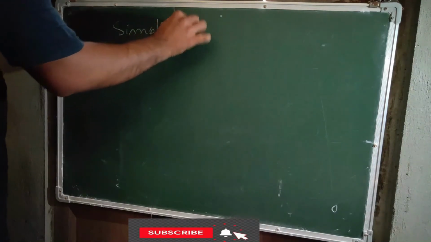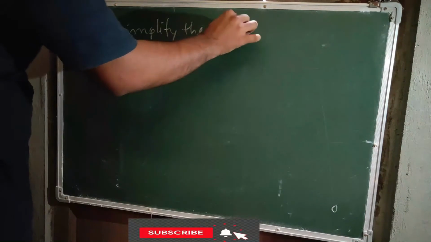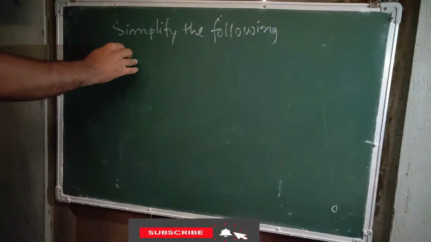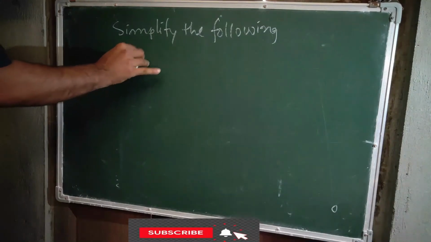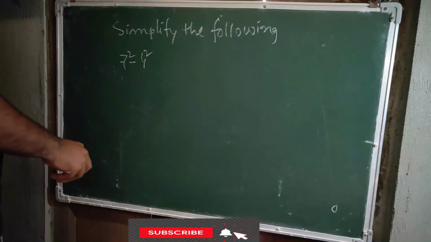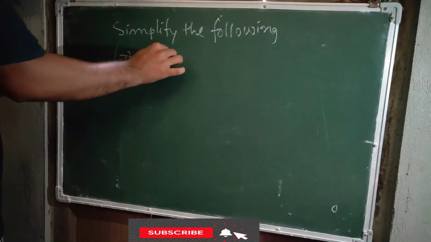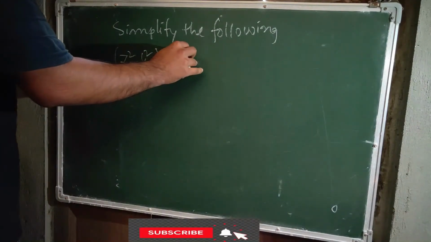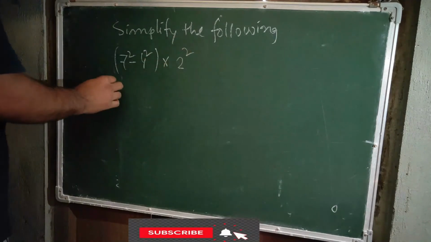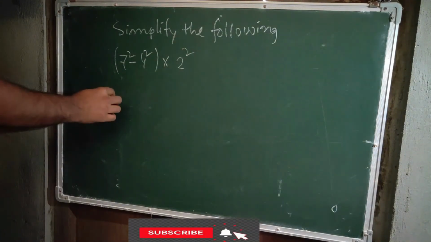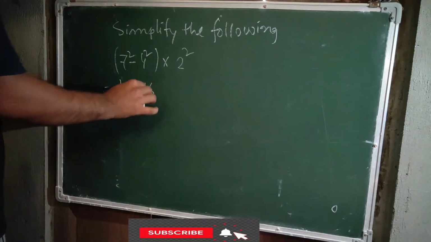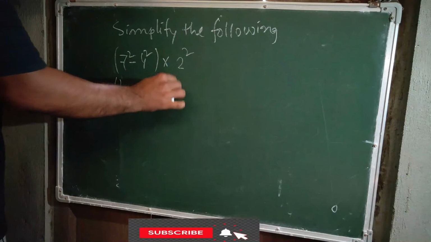Simplify the following. So this is 7 square minus 4 square whole into 2 square. So we will get 49 minus 16 into 4.